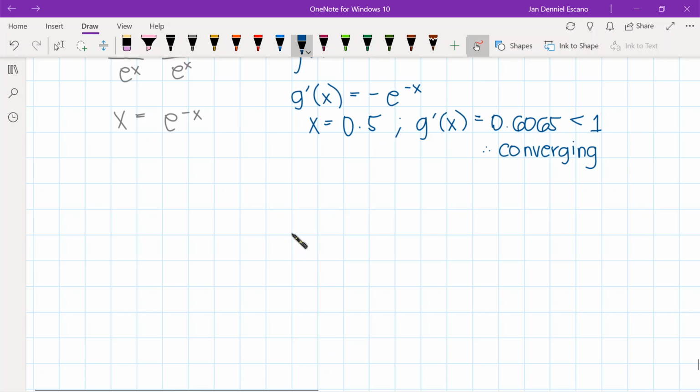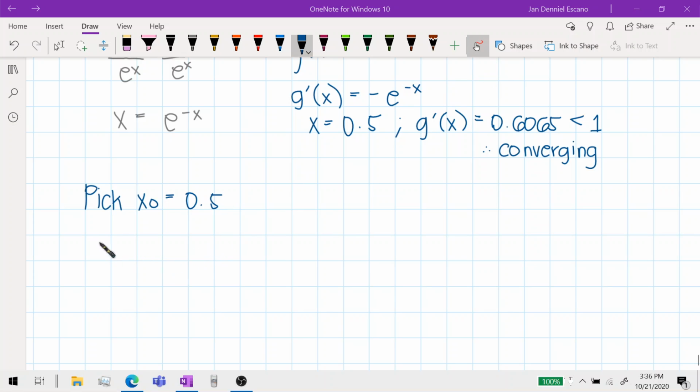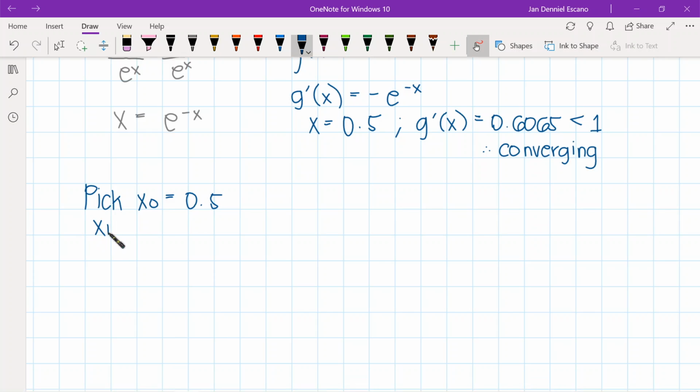So by applying Aitken's delta square method, we pick a value of x sub 0, let's say 0.5. Therefore, we can say that x sub 1, or also g of x sub 0, is equal to 0.6065.